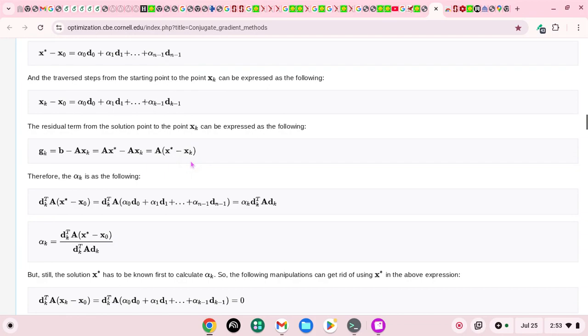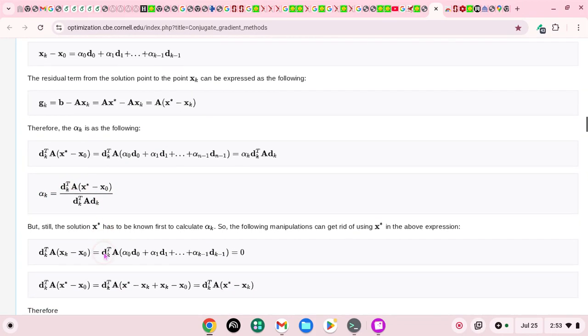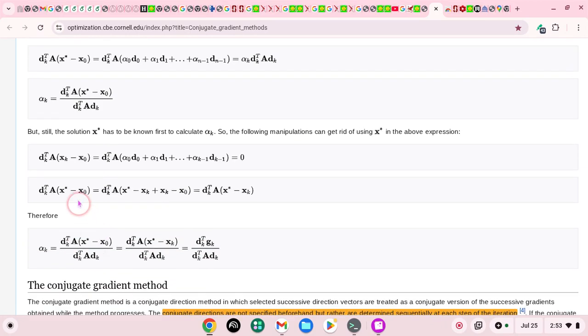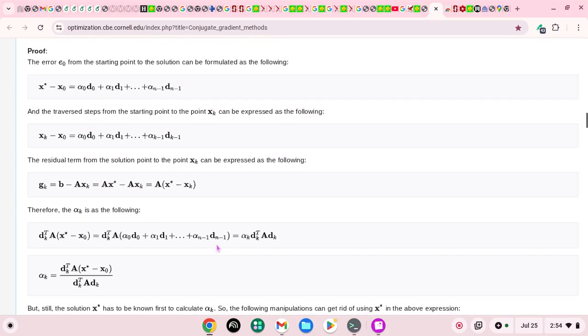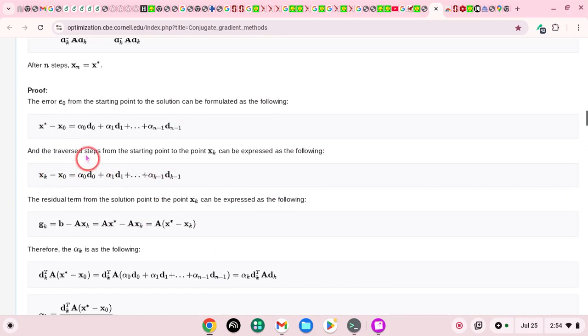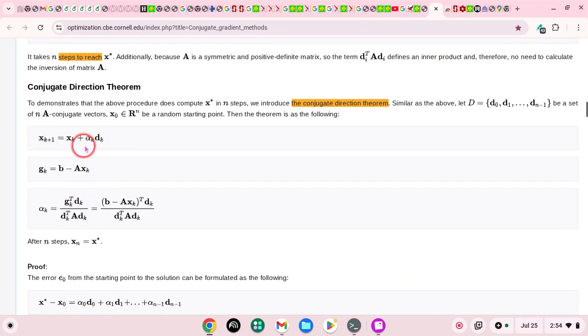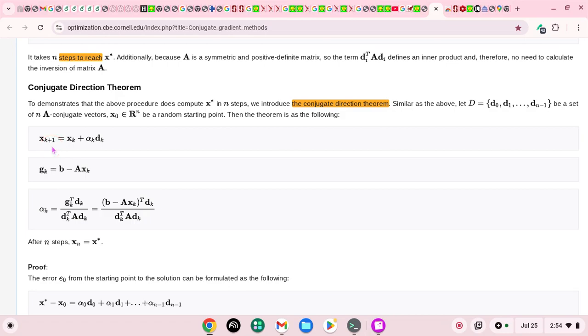For that, we compute alpha_k equal to this term, and once that term is substituted back, we get this setup. Finally we get a similar term, which depends upon the search direction and the residual, and this alpha_k can be iteratively substituted here to find the solution after n steps.